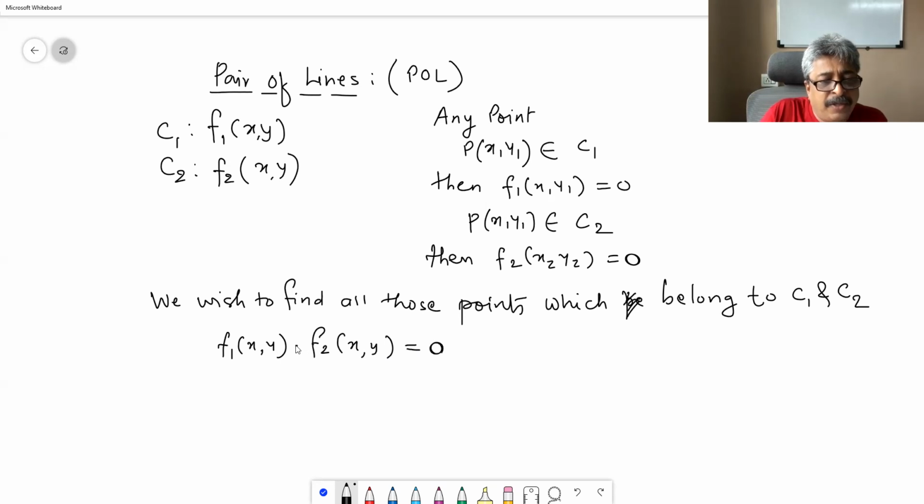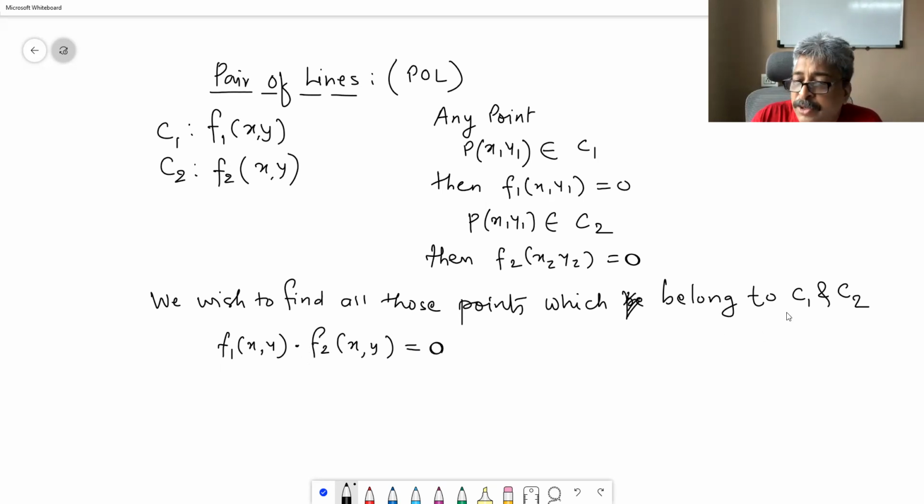It should satisfy this algebra, because if the point is on C1, that is okay with us, so this equation will be satisfied. If the point is on C2, then this part will be 0, will make the entire LHS 0, and hence will satisfy the equation. And if there are points of intersection of C1 and C2, then they both will be 0 in LHS.